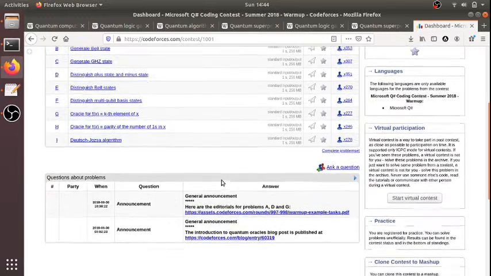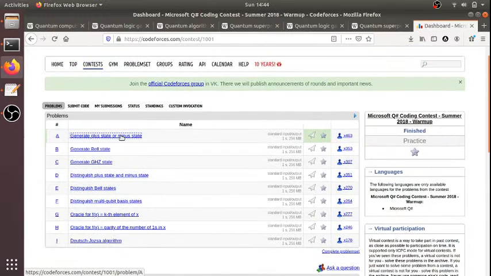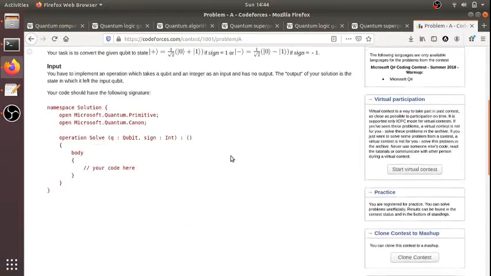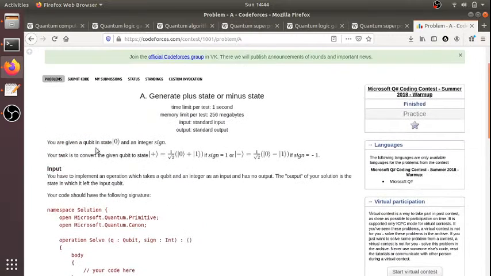So plus, oh yeah, I want this. Plus state or minus state. Yeah. Where is the code? You're given a qubit in state 0 and an integer sign. Your task is to convert the given qubit state to plus. What the heck?